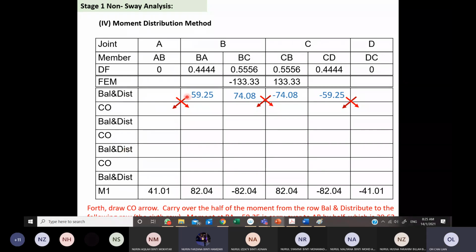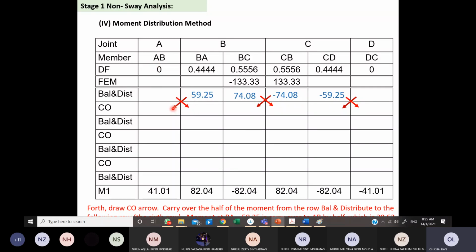Yes, this arrow means they are carried over to the fixed end, right? Yes, doctor, because we are considering joints A and D also as fixed ends. So from there a moment will be carried over from AB to BA and BA to AB.